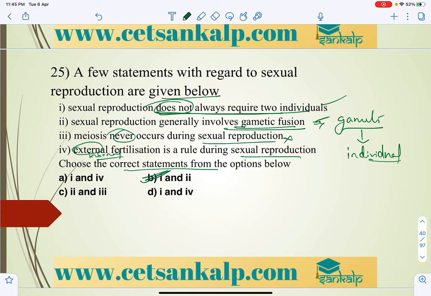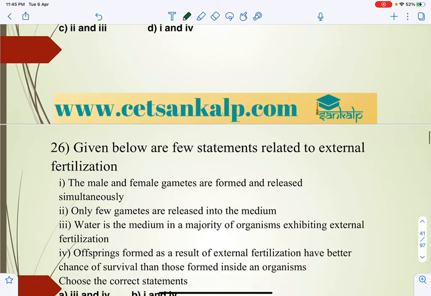Sexual reproduction does not always require two individuals. Sexual reproduction generally involves gametic fusion. In parthenogenesis it mimics, but if a gamete is involved, that is sexual reproduction. Sometimes it directly develops into a young one and no fertilization will be there.